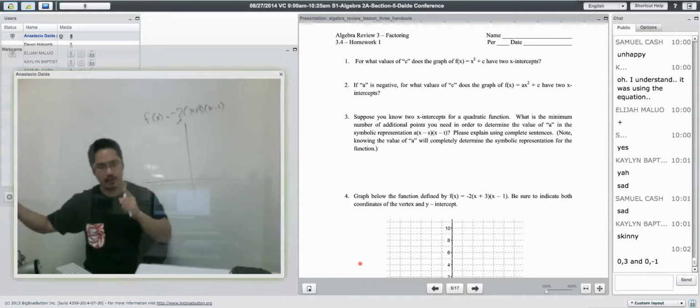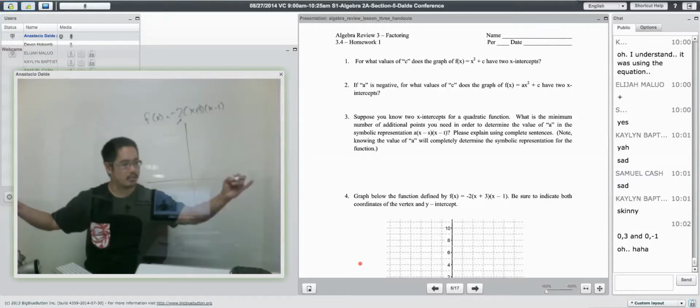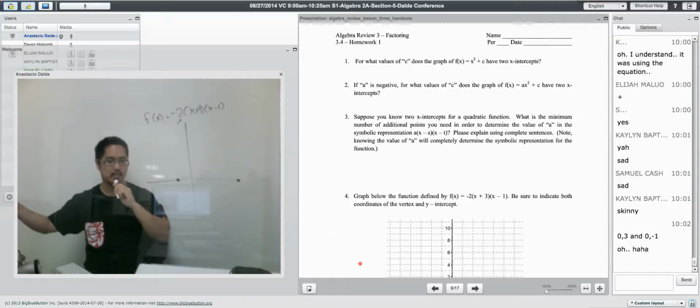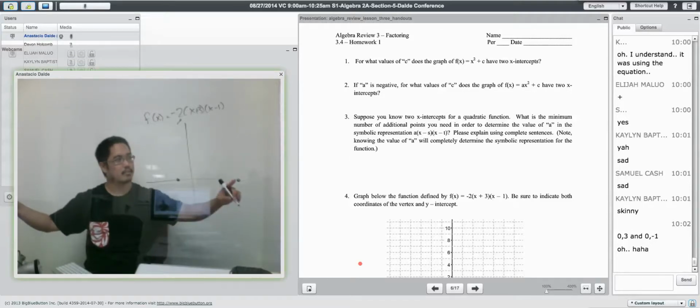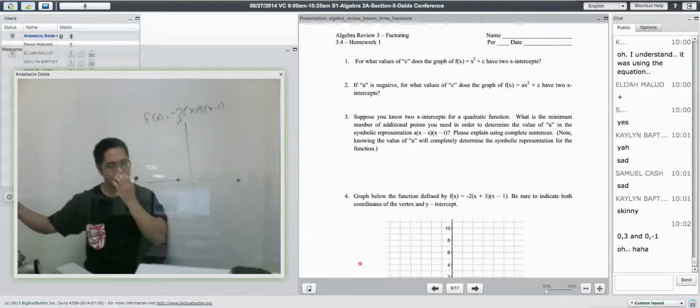Second of all, and you got really close, you still have a problem here. You're saying that it crosses here and here. The problem is if you plug in 3 into here, that will make this thing 0. So you're off by a little bit.